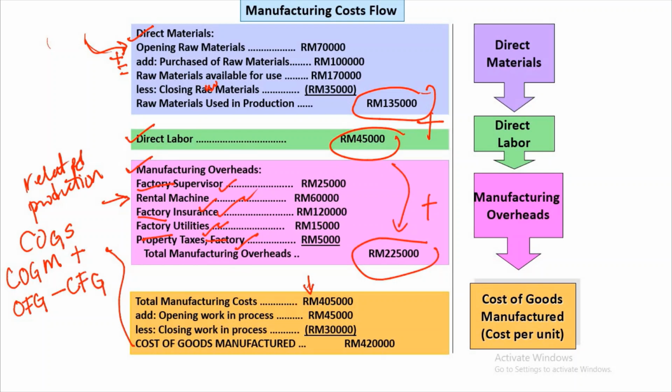Then you get COGS. So this is basically letting us know how to calculate the cost of goods manufactured using raw material, direct labor, adding the work in process, and then minusing off the closing work in process.